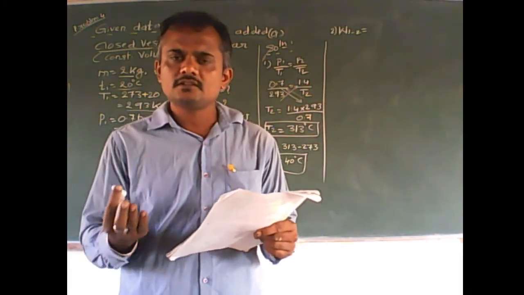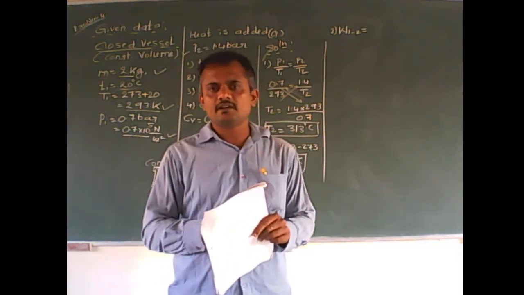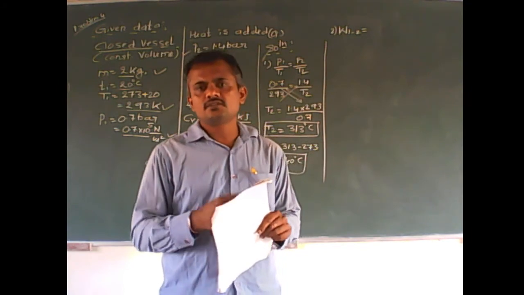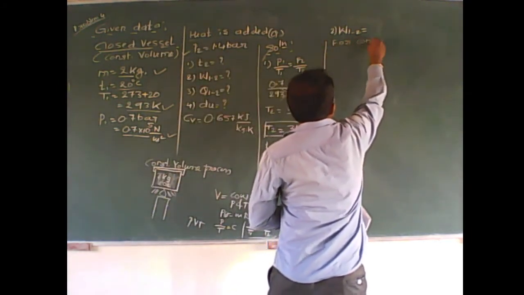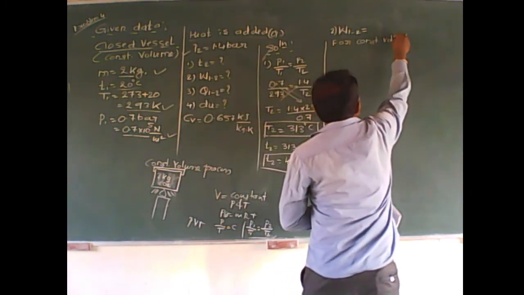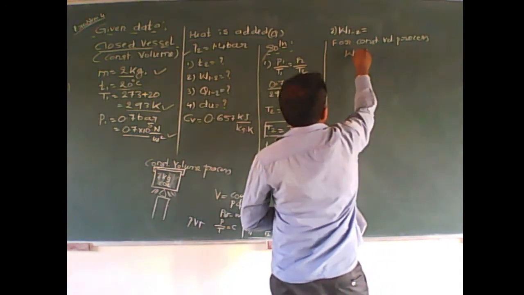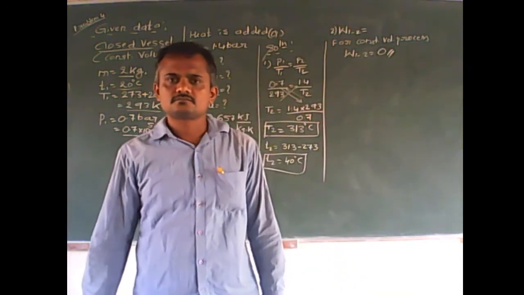If no movement is taking place, or if there is no displacement of a particle, definitely we can assume work done is 0. Therefore, for a constant volume process, work done 1 to 2 is 0. This is the direct answer.